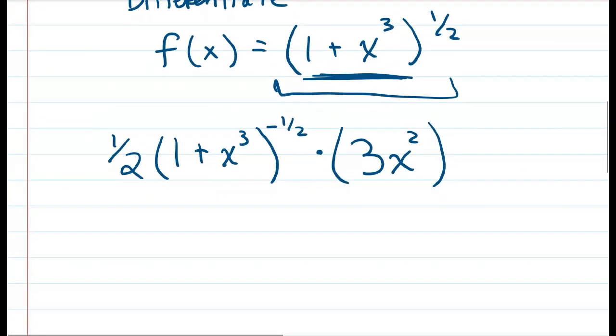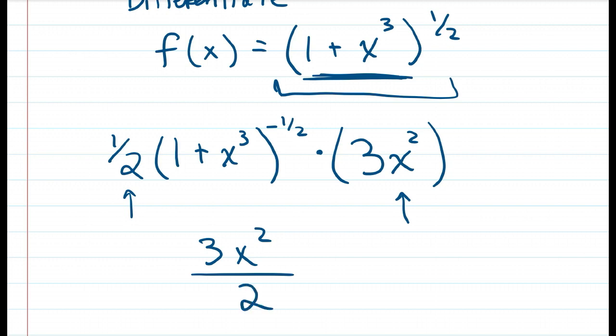Okay, so now we've completed the chain rule. It's a matter of just cleaning things up a little bit. We have this 1/2 at the front, and we have this 3x squared there. We can multiply 3x squared times that 1, right? And we'll get 3x squared, and this is still over 2. And then it's still times the 1 plus x to the third to the negative 1/2 power, right?